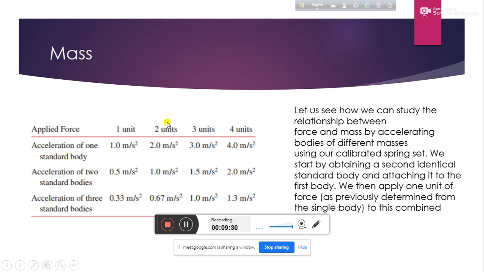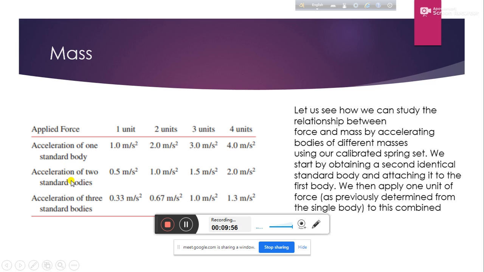Next, let us increase the force to 2 units, and it will show 2 meter per second square of acceleration as expected. Then if we apply 3 units of force, it will be 3 meter per second square. And if we apply 4 units of force, it will be 4 meter per second square. You know this very well.